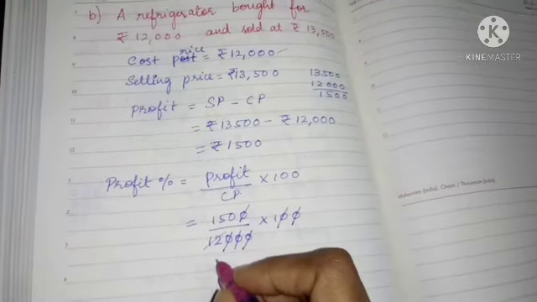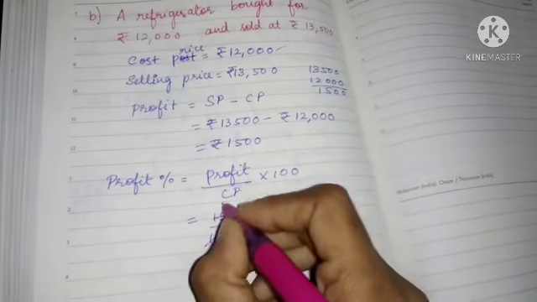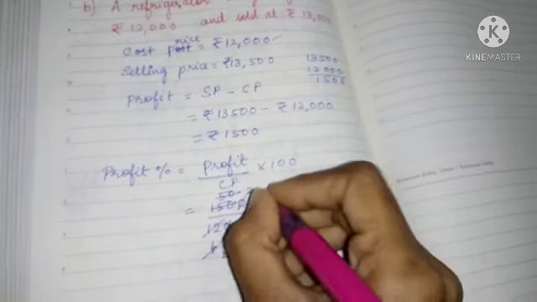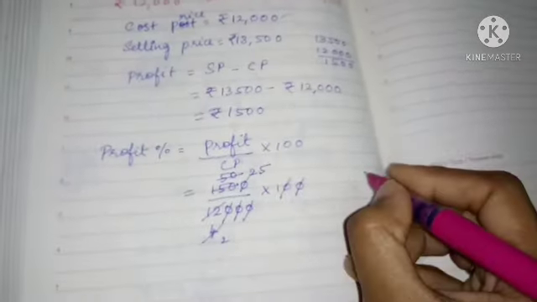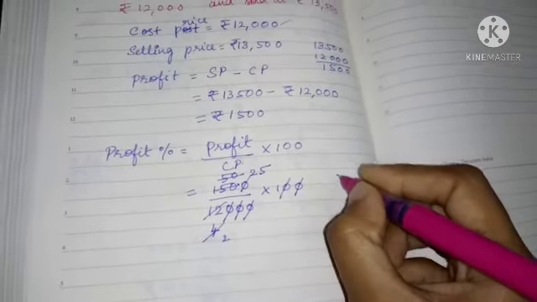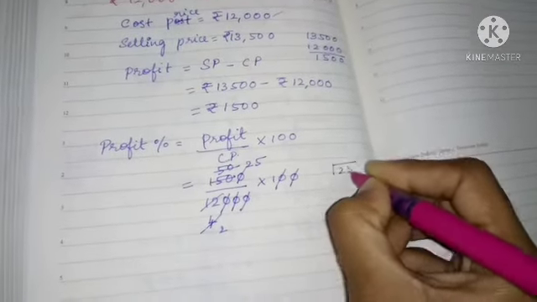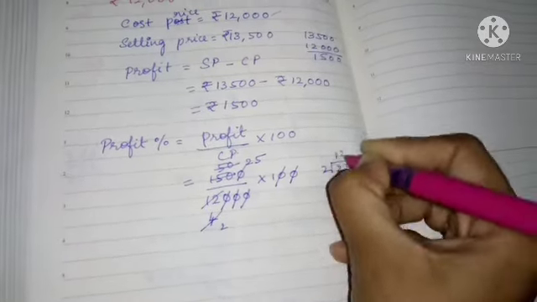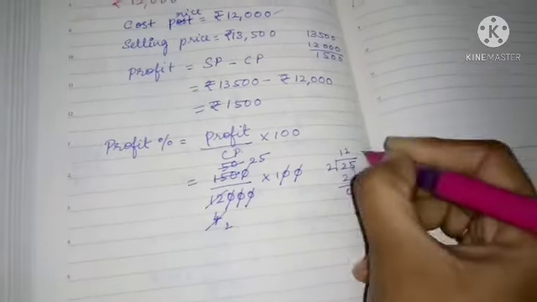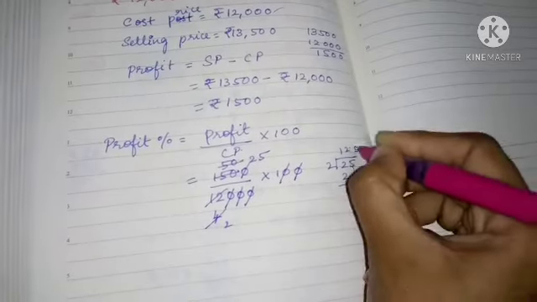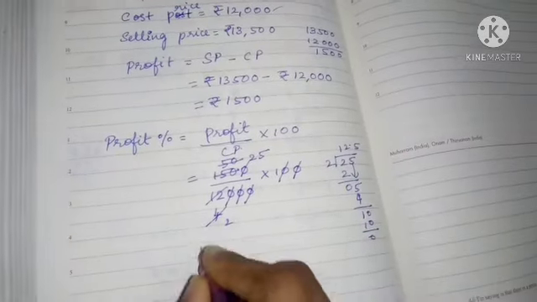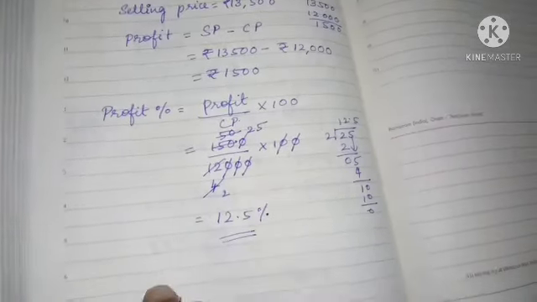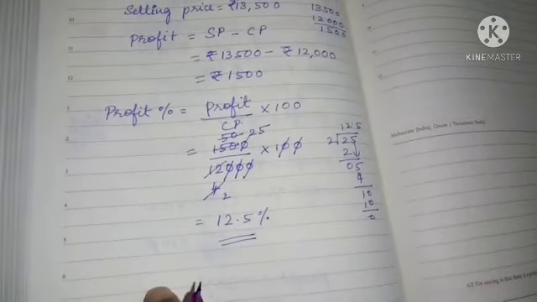Now in the 12 table, 12 into 125 is 1500. So it is 25 by 2. 2 ones are 2, 2 twos are 4, then decimal point, 2 fives are 10. So what is the percentage you are getting? 12.5%. This is nothing but our profit percentage. Understood?